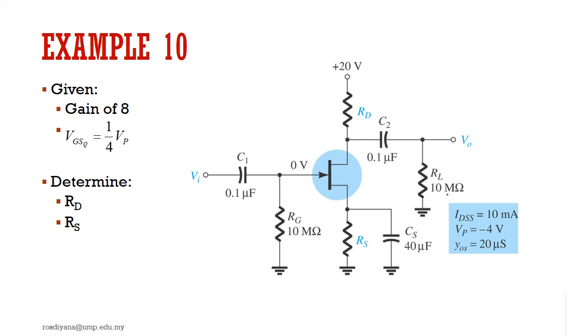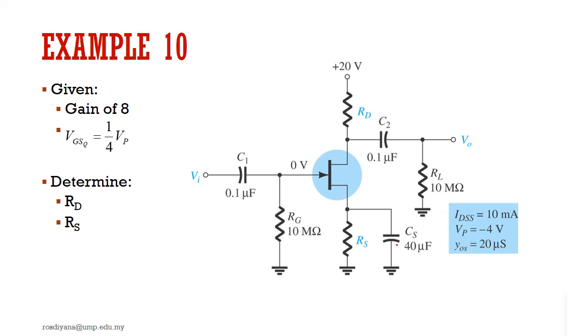Next is another example for the FET amplifier design. This circuit is a self-bias configuration with capacitor bypass.